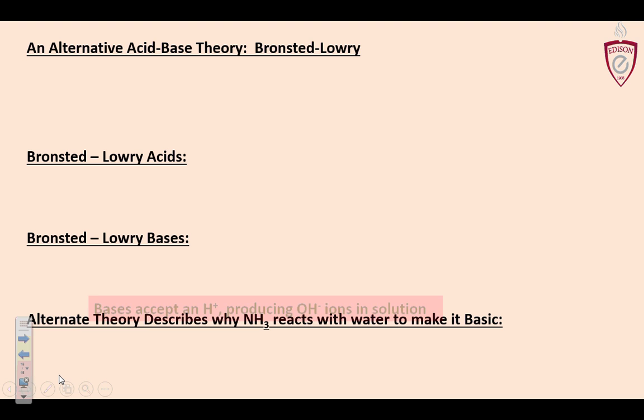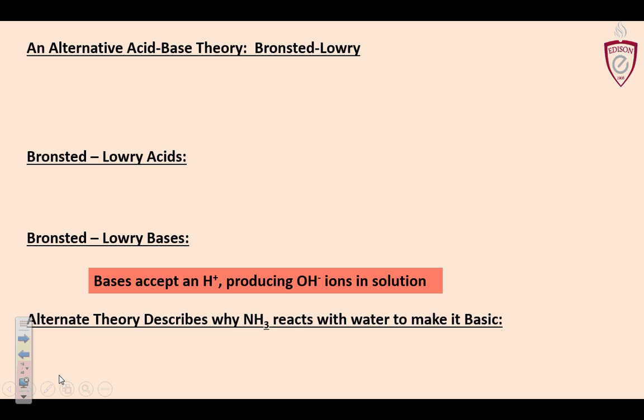Okay. Bases, on the other hand, accept the H plus, producing OH negative ions in solution. So there's that water thing. Water acts as the base sometimes because it accepts the proton from somebody else. And as a result, it makes an OH negative ion in solution.